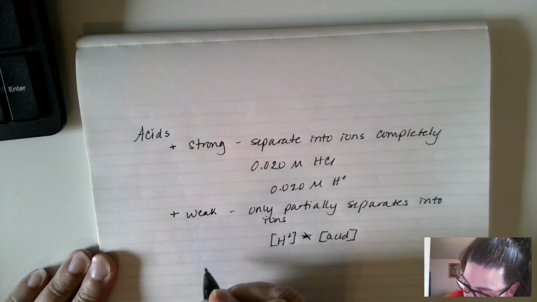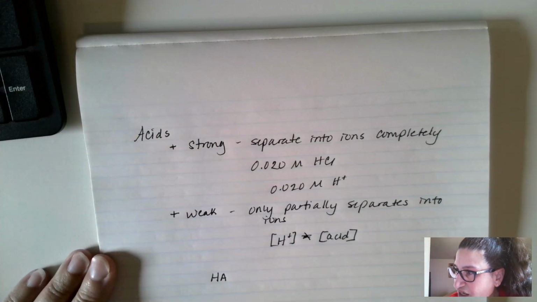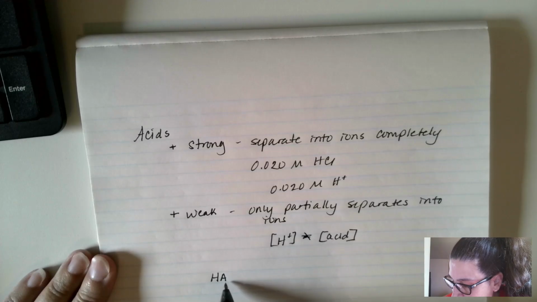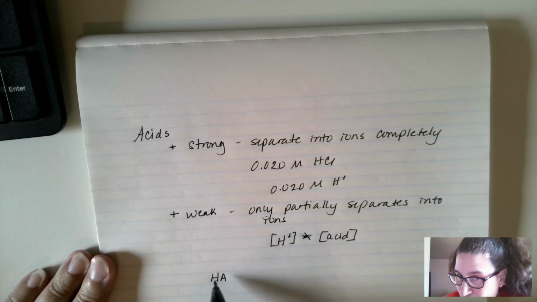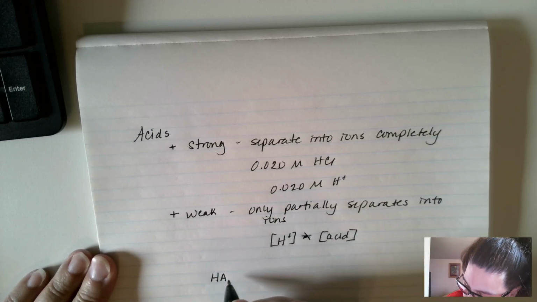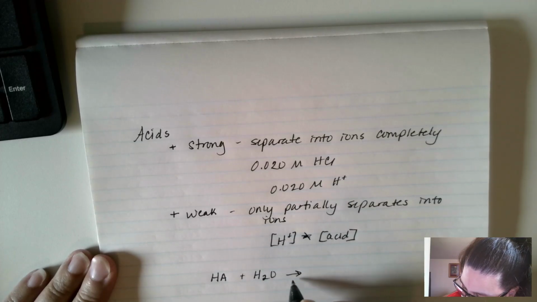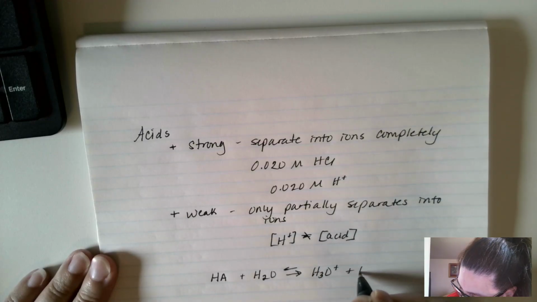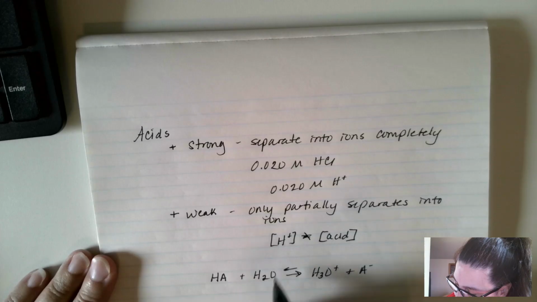A lot of times for an acid, we call it HA just for any generic weak acid, because A stands for acid, and H stands for acids having an H in the front. So if I react this with water, we're going to form H3O+ and A-, and this is our generic example.